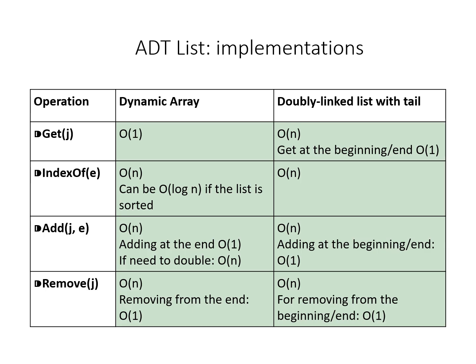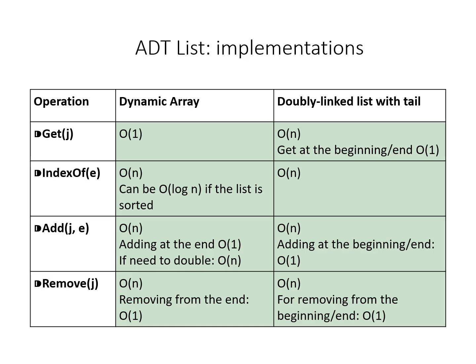So here are the complexities of operations for both implementations of the list abstract data type. Getting element by position is cheaper in the array, except when we're getting something from the beginning of the list. In this case, it's also cheap for the linked list.